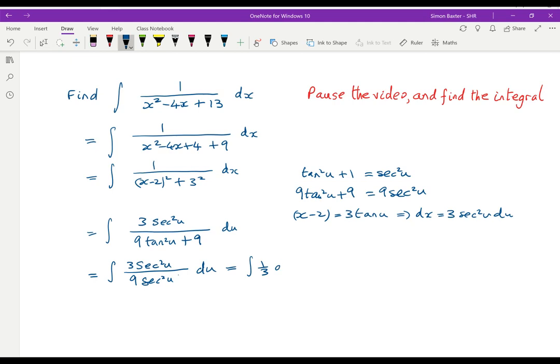The integral of 1 over 3 du, which is u over 3 plus c. U is arctan of x minus 2 over 3, so we get one third arctan of x minus 2 over 3, plus c. So, completing the square still worked for us.